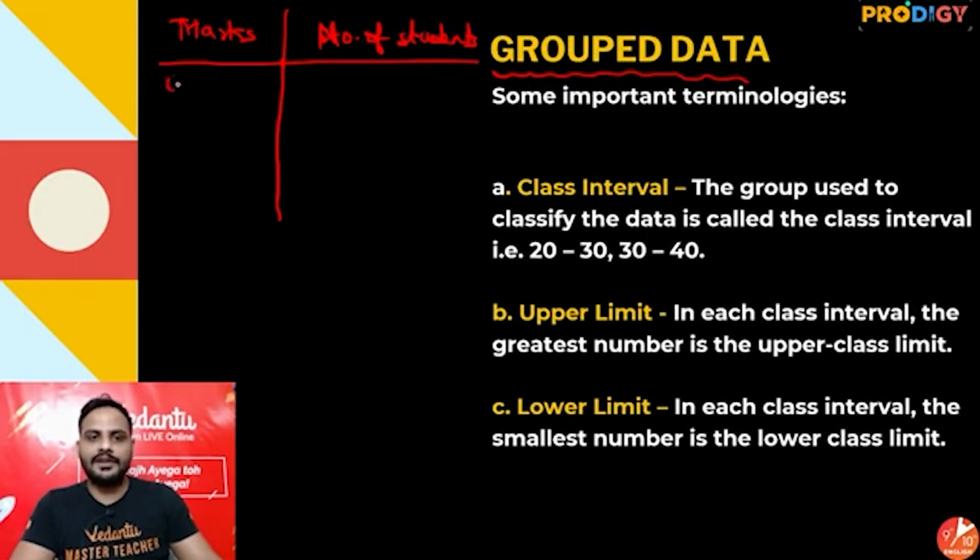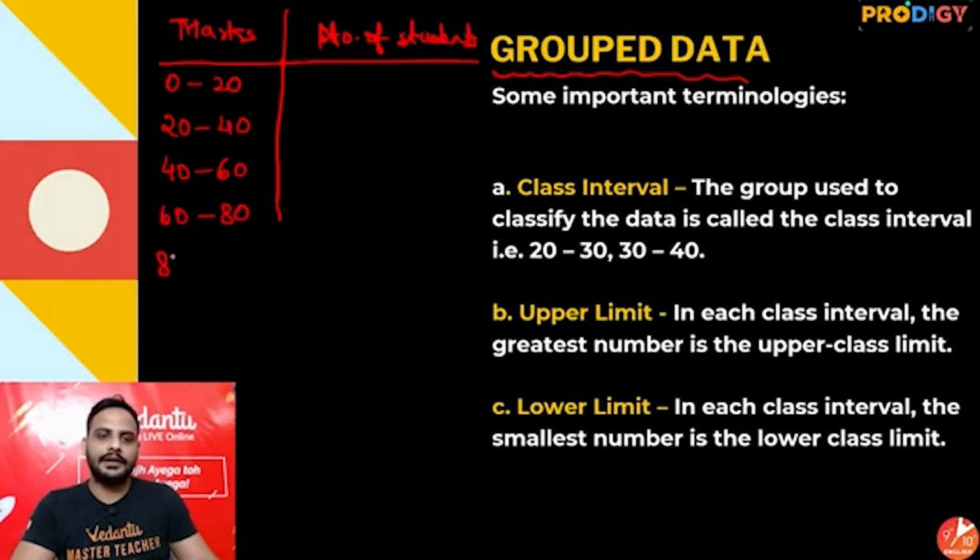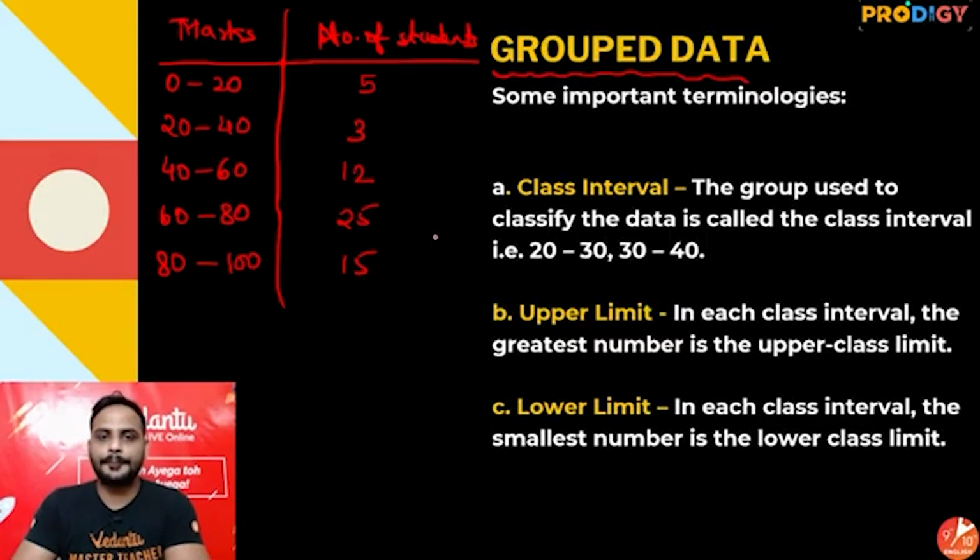I'll say how many students, let's say, have got 0 to 20 marks. Then 20 to 40, 40 to 60, 60 to 80, and 80 to 100. Let's say 5, 3, 12, 25, and 15.